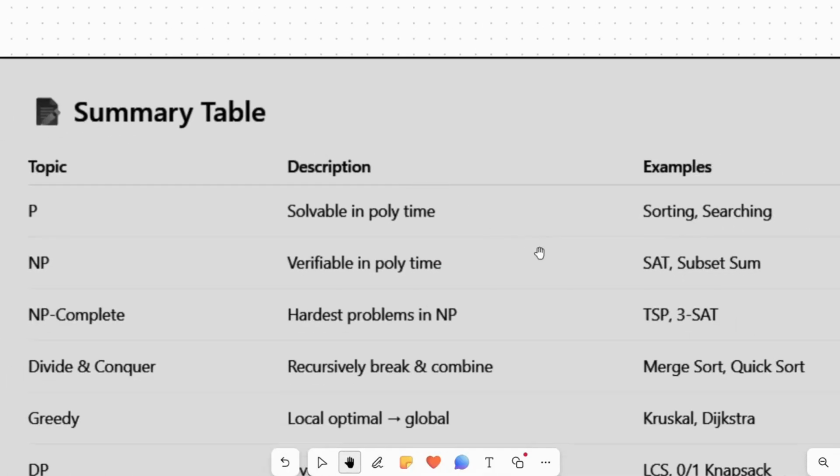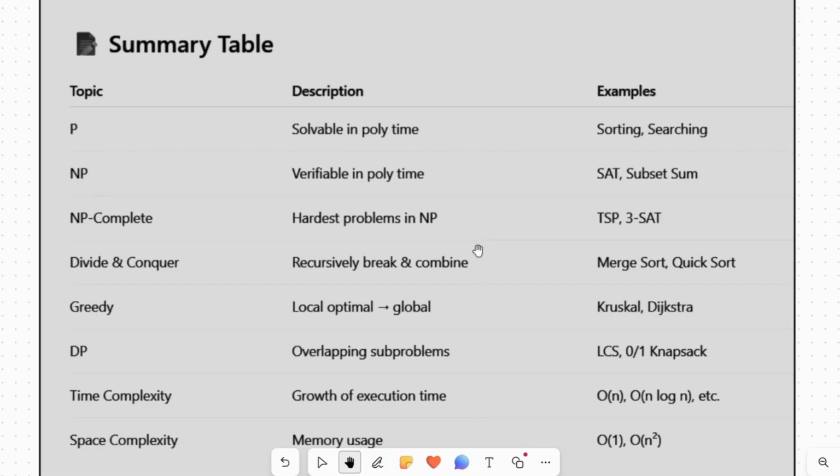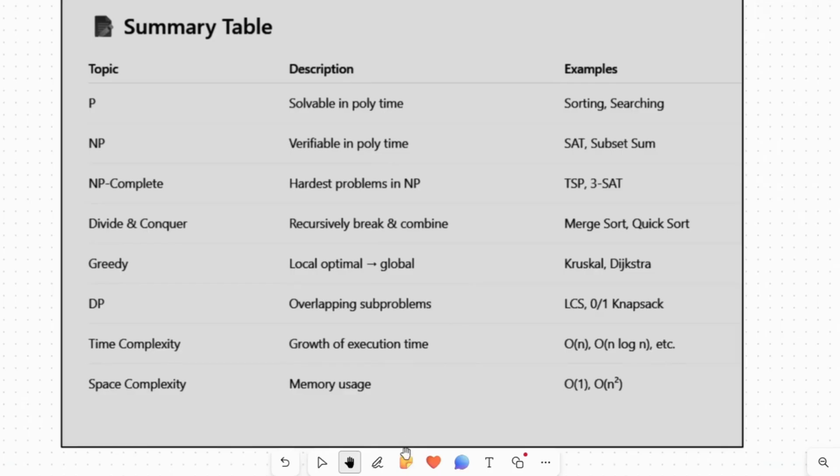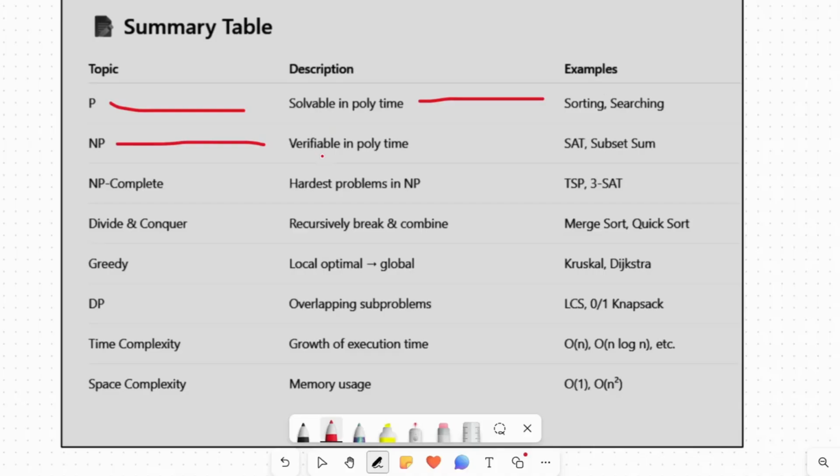If we summarize everything we studied in lecture 3, here is the summary table. P class: solvable in polynomial time, and there are examples. NP class: verifiable in polynomial time. NP complete: hardest problem in NP.